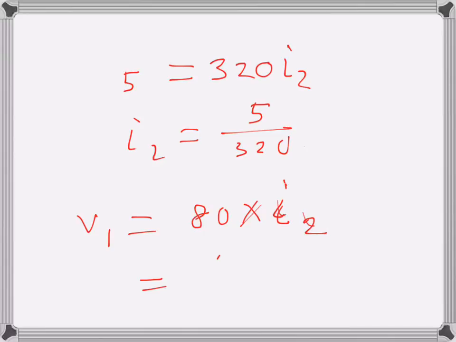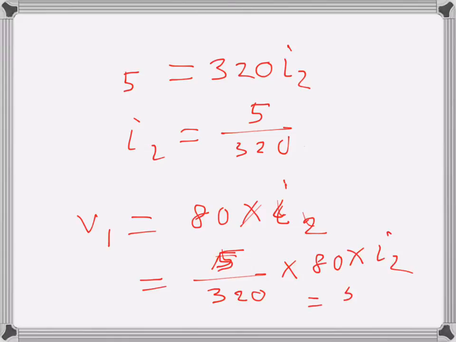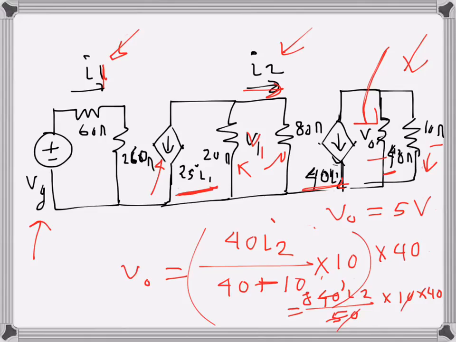So that is 5 over 320 times 80, that is V1. Sorry, there is no I2 here, I2 is already substituted with 5 over 320. So 5 over 4 is the value of V1, 5 over 4 volts.